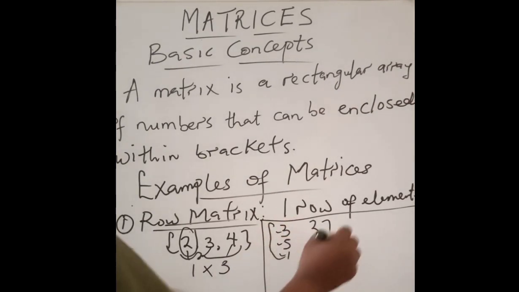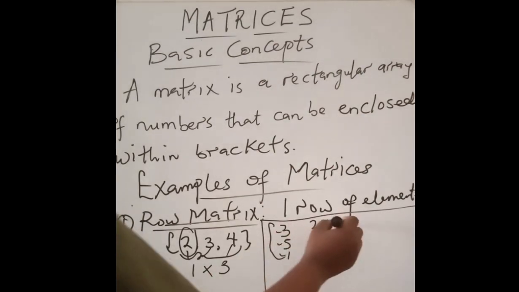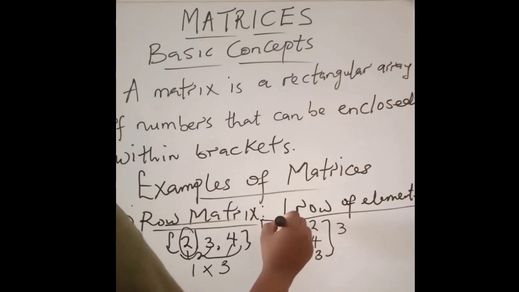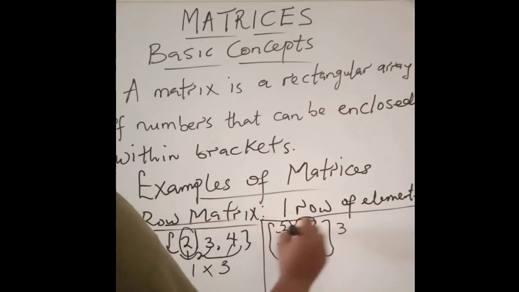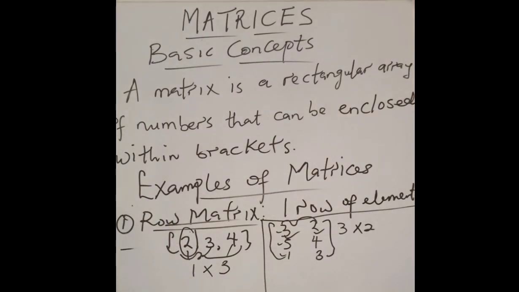So this is another example. The numbers 3, 5, 1 are in a row, just like some students are in a row when they are asked to line up, on a straight line.